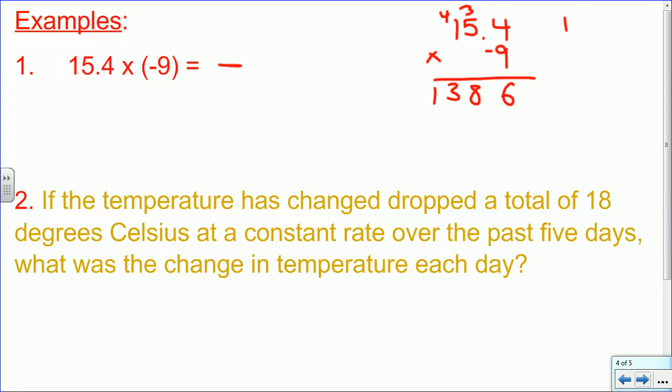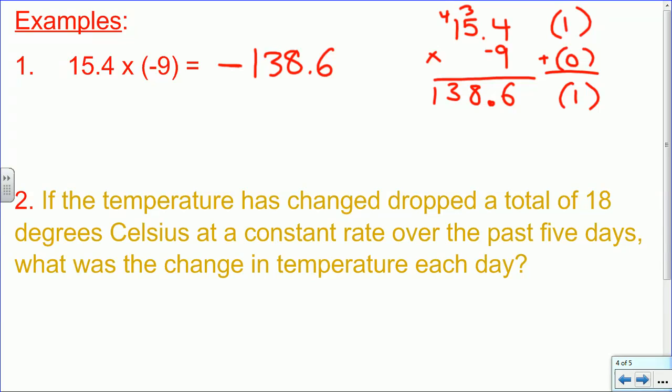Overall, we have one decimal place in these two numbers that we need to factor into our answer, so we put the decimal back in, with one decimal place in our answer. The answer is negative 138 and 6/10.